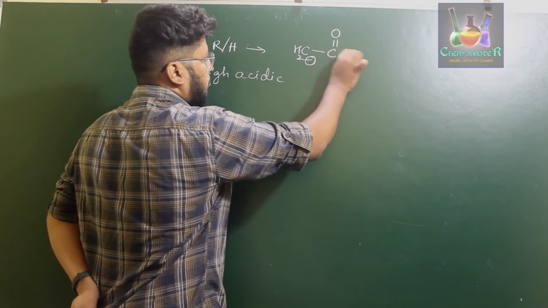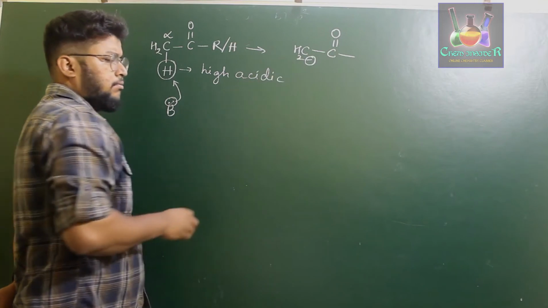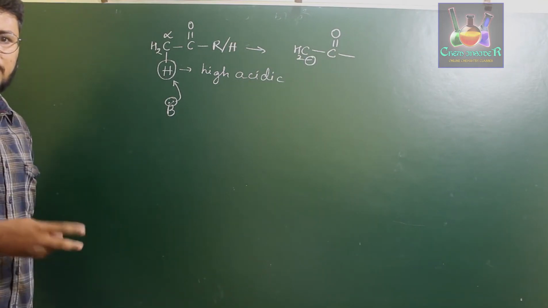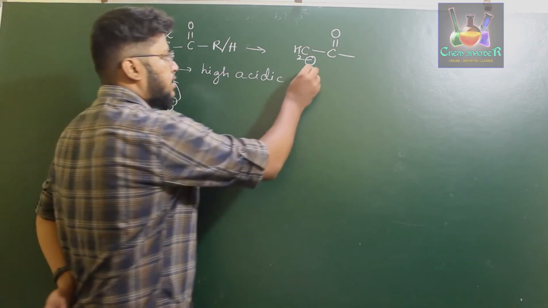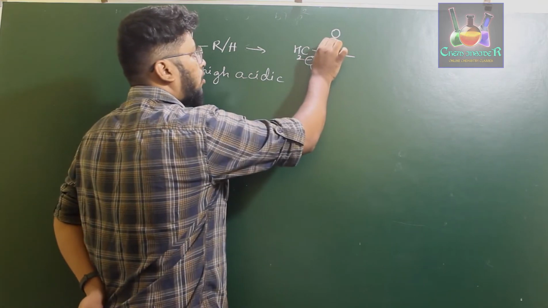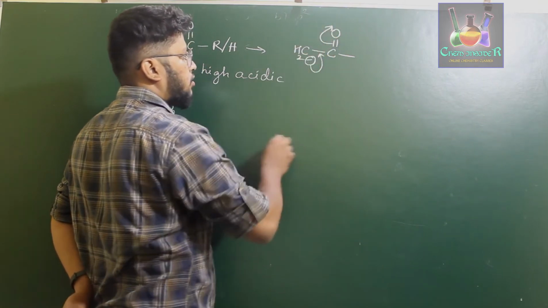So its conjugate base has a structure like this, CH2 with a minus charge, carbon with a double bond to O. This conjugate base of the aldehyde or ketone has two resonance structures, where the negative charge comes over the bond between carbon and carbon, and the carbon-oxygen bond results in a negative charge on the oxygen.